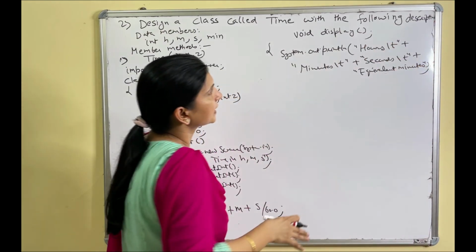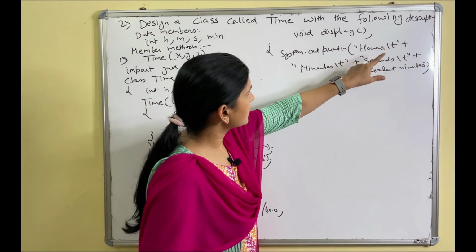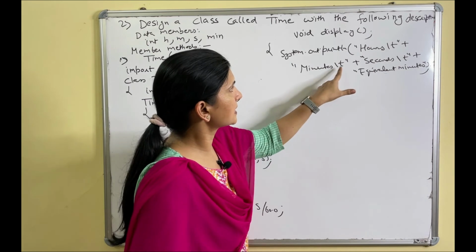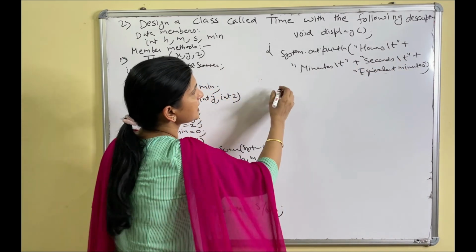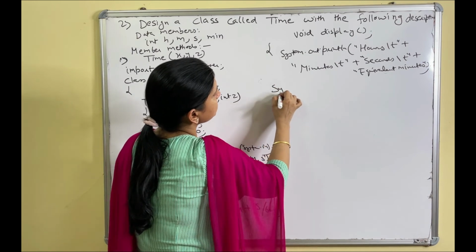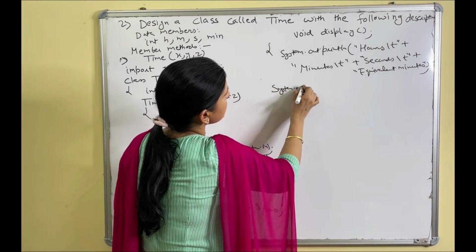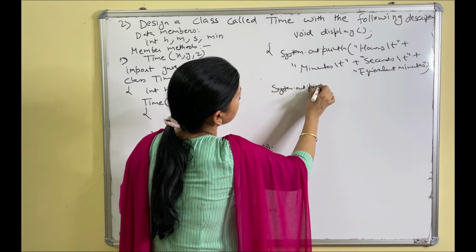So we have declared the headings as tab, minutes, tab, seconds, tab, equivalent minutes, and in the next line we will display its values, System.out.println.